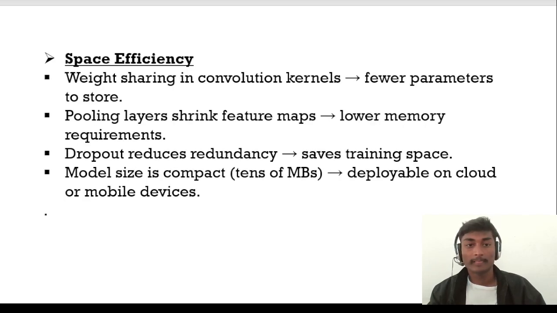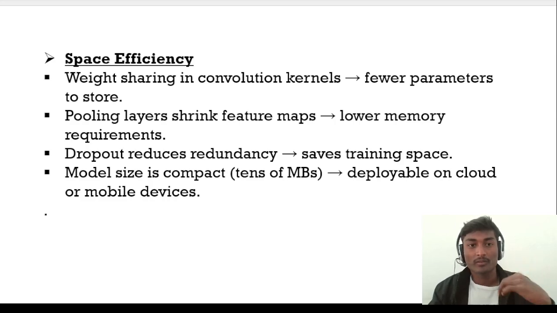Space efficiency. Weight sharing in the convolutional kernels means few patterns to store. Pooling layers shrink feature maps, giving lower memory requirement. Dropout reduces the redundancy, where redundancy means repeating X-ray images.